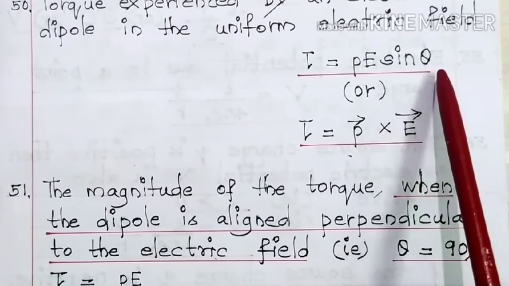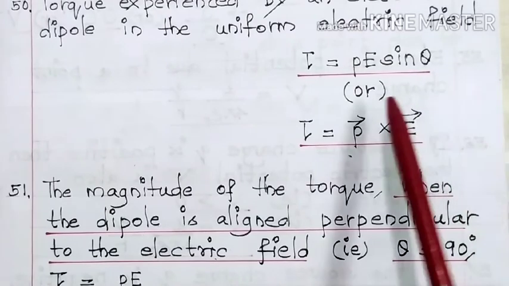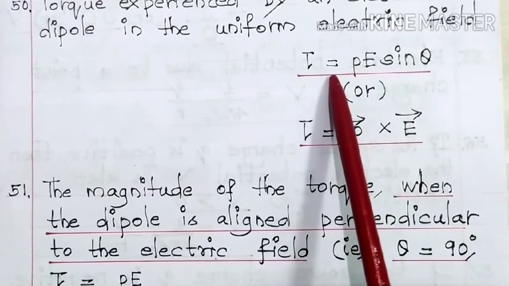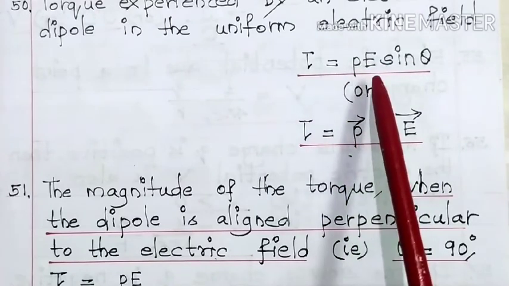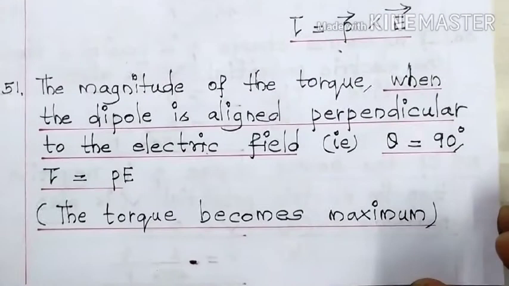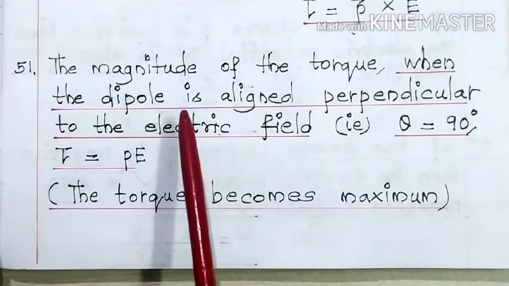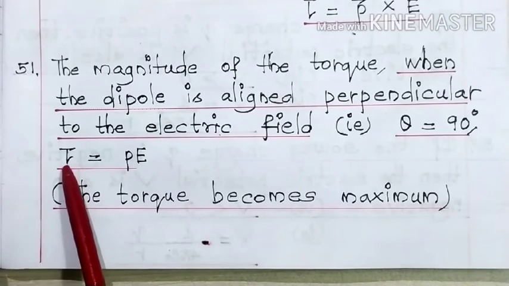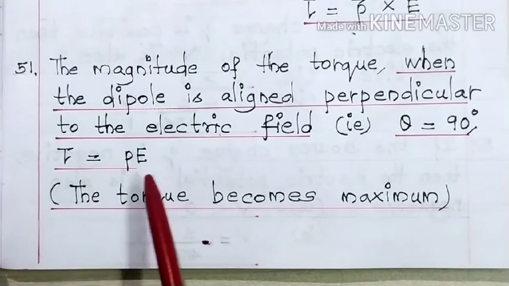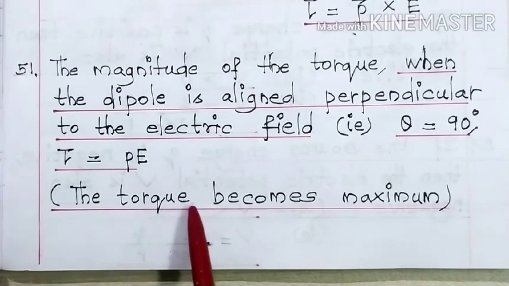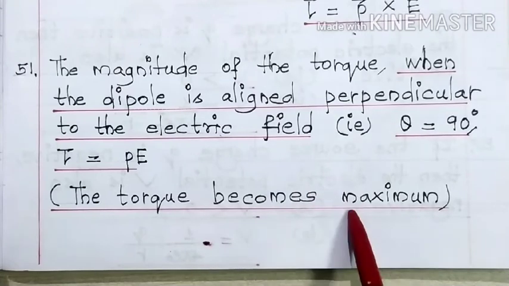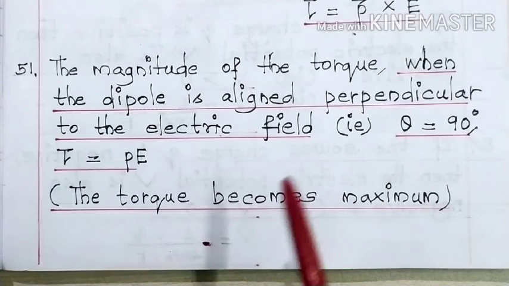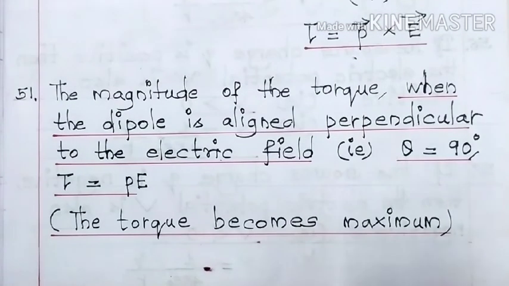You know that sin 90 degree is equal to 1. So tau is equal to pE into 1, which is equal to pE. So when it is perpendicular to the direction of the electric field, the tau becomes pE. That is, the torque becomes maximum when the dipole is aligned perpendicular to the direction of the electric field.